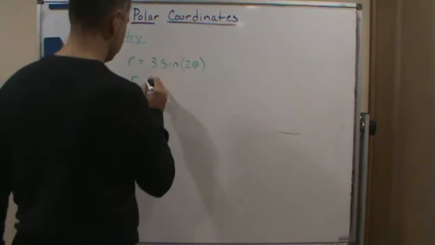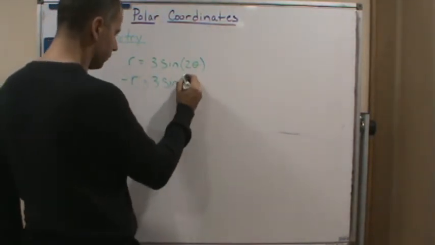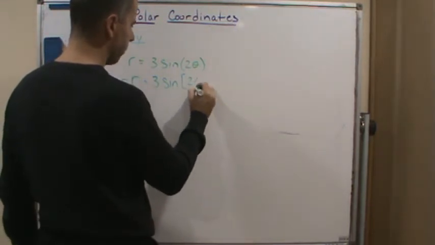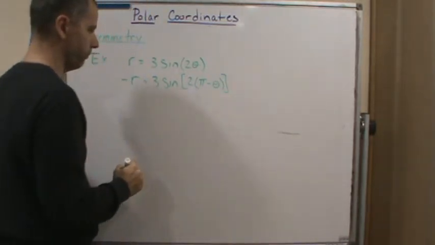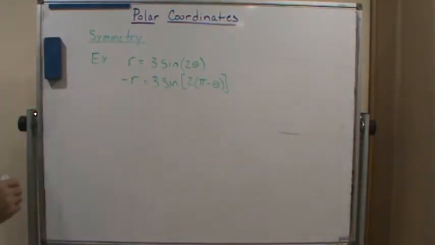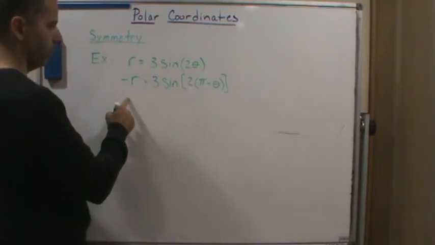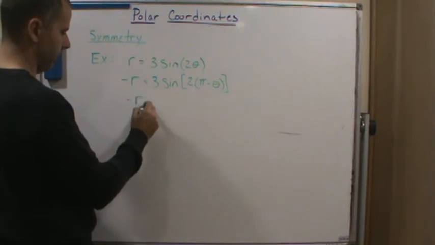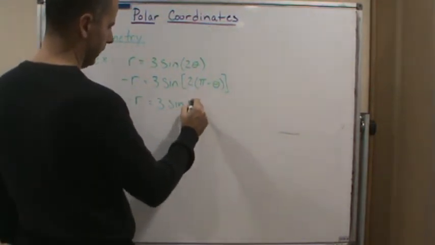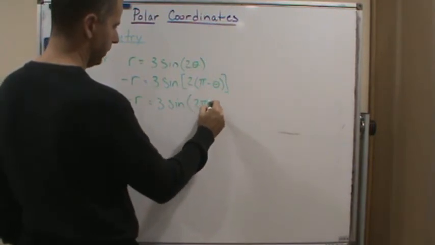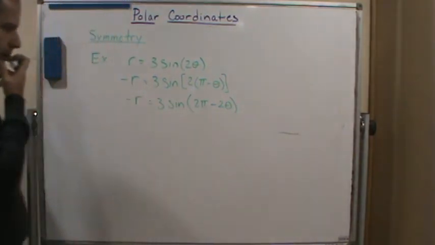So what do we get here? Well, we get negative r equals 3 sine of 2 pi minus 2 theta, right?